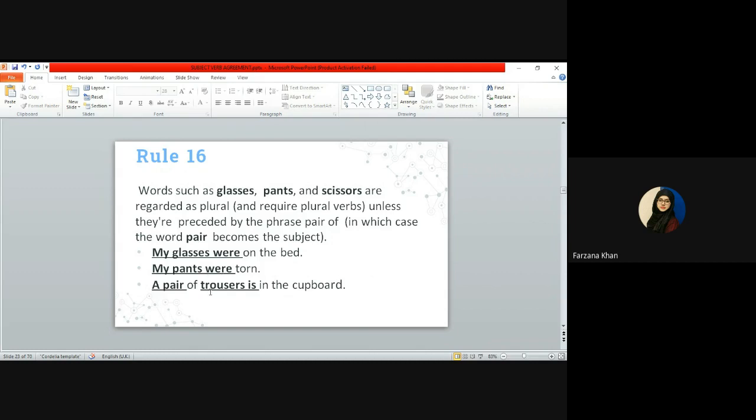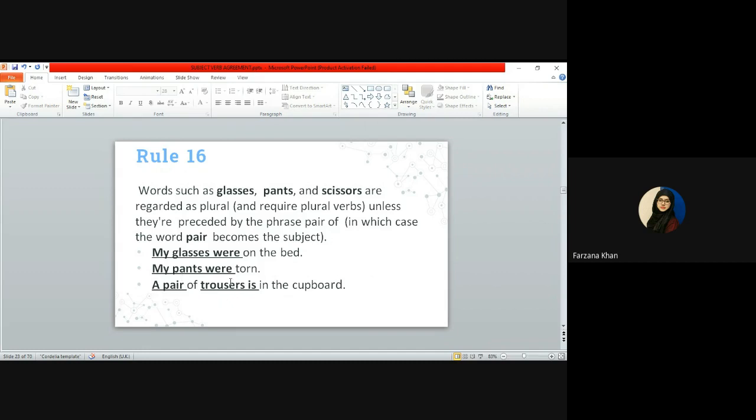But an exceptional case is when we use a pair of before pants, glasses, scissors, or trousers, then we will agree the verb keeping in mind the word pair, which is the subject in this sentence. A pair of trousers is in the cupboard, right? So here is has been used keeping in mind the subject a pair, not trousers.